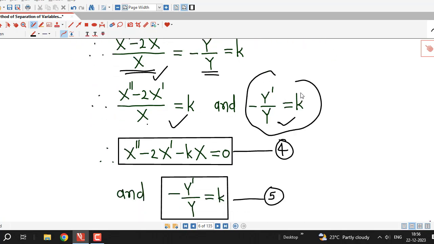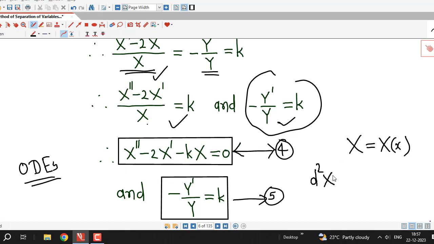Now you can see capital X is a function of small x only and capital Y is also a function of small y only. Therefore equations 4 and 5 are ordinary differential equations. Equation 4 is an ordinary differential equation.